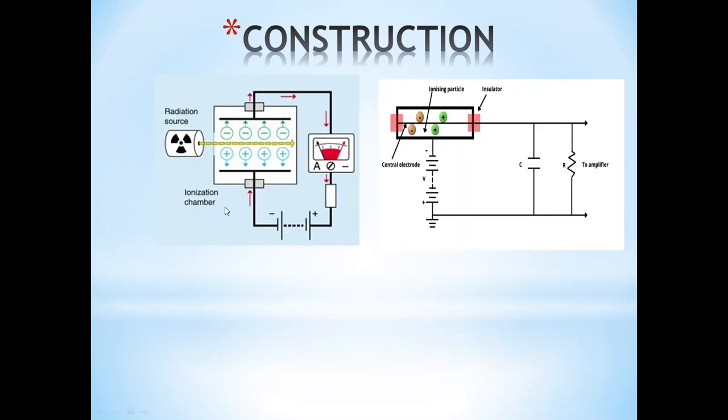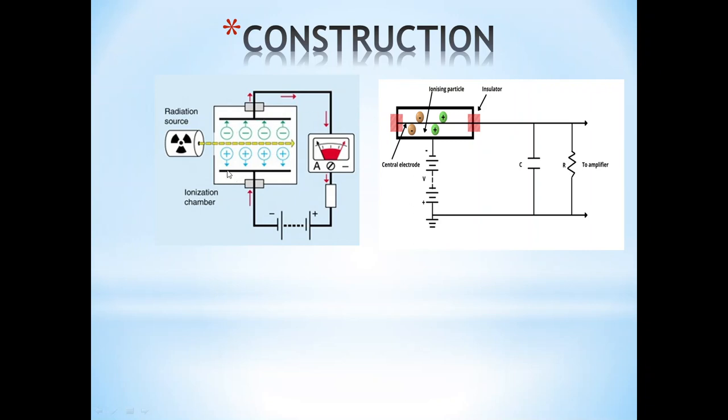These are two schematic diagrams of the construction of an ionization chamber. Depending upon the purpose, depending upon the type of particle that needs to be detected, the construction may vary. Two types of ionization chambers are usually used. One is the parallel plate type.